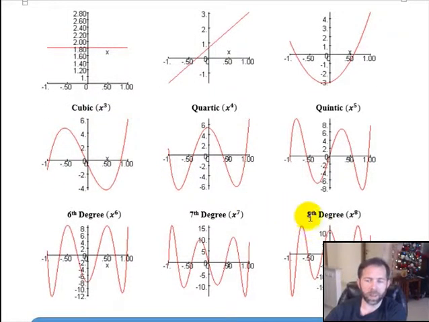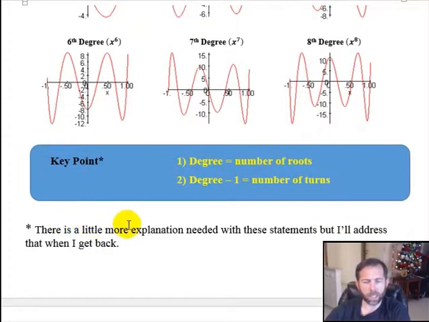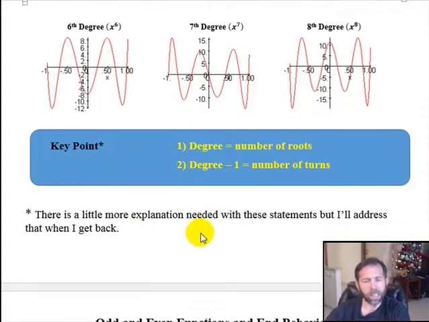So when we get to solving an 8th degree polynomial, there are 8 answers to that equation. So key points: the degree equals the number of answers, and the degree minus 1 equals the number of turns. And there are some exceptions to this. For the most part, this is true, but I'll explain it a little bit more when I get back.